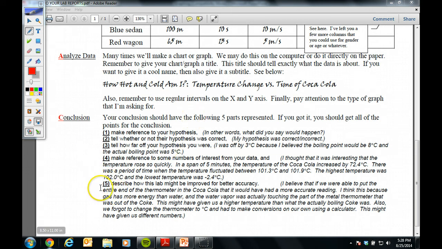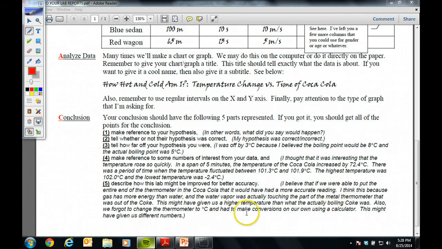And then this one tends to be the hardest thing, but even the best scientist in the world could probably do something better. Don't just say, I did everything perfectly. Say how you could have gotten better numbers. How could you have improved your accuracy? I believe that if we were to put the end of the thermometer in the Coke, that it would probably be a better accurate reading.